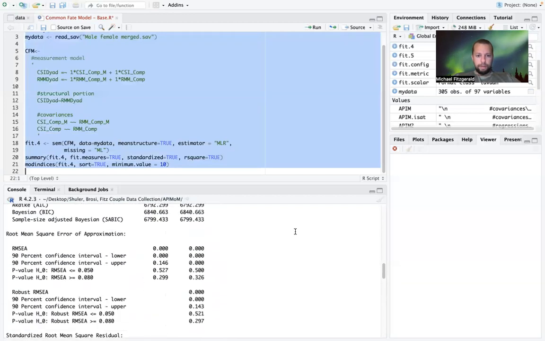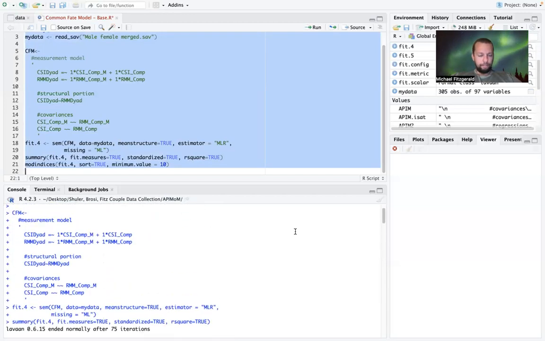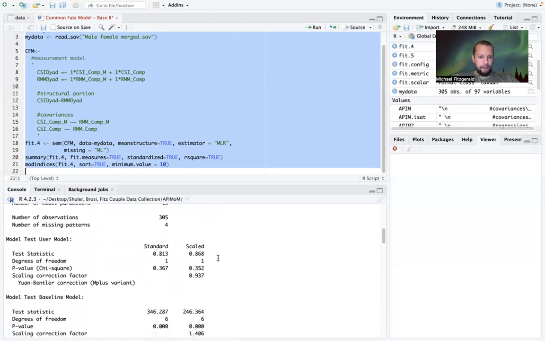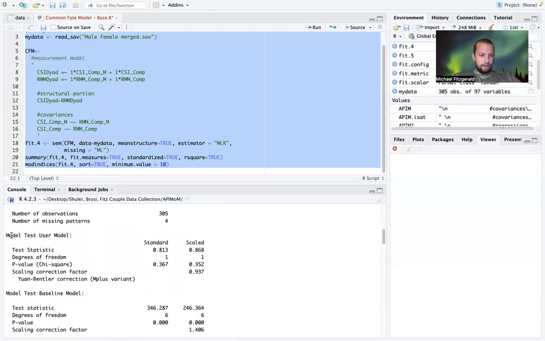And so we converged. Right. And so here we have our chi-square statistic, which again, I don't pay a whole lot of attention to. I look more for whether this is an indicator of model misspecification in terms of a syntax error, more so than what is actually happening.